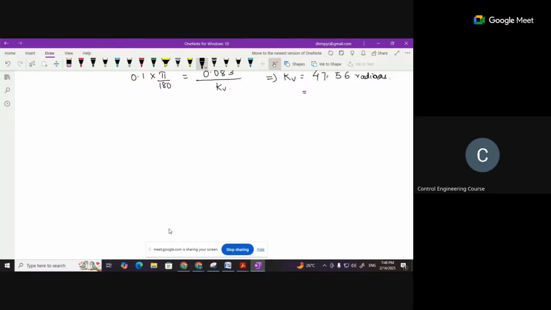Shall we do the problem on controllers? Okay, let us do a simple problem on controllers here: the proportional control, integral control and derivative control. You might have gone through the content.